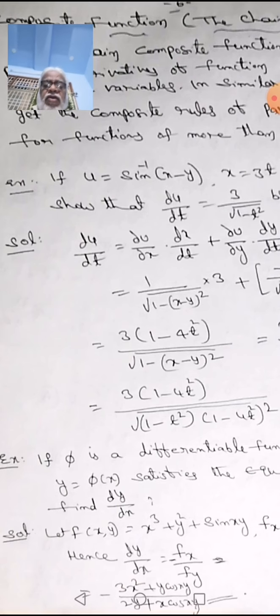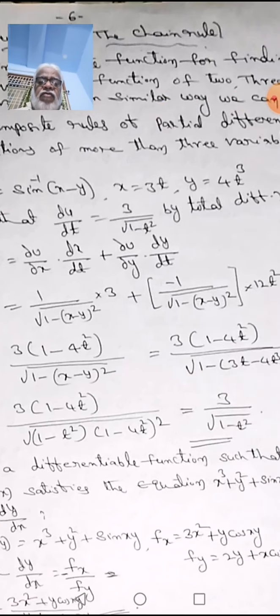F of x is equal to 3x square plus y cos xy. Fx means partial derivative with respect to x. So f of xy is equal to x cube plus y square plus sin xy, and f of x is equal to 3x square plus y cos xy.